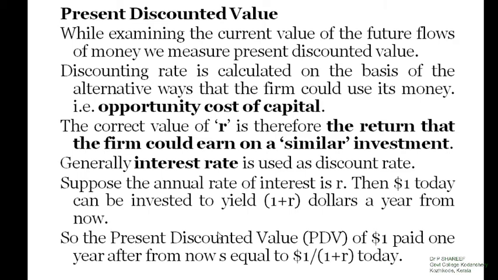While measuring the net present value, we have to measure the present discounted value. It is because the purchasing power of money changes over the period. There may be an increase in the value or decrease in the value, or the value remains the same.